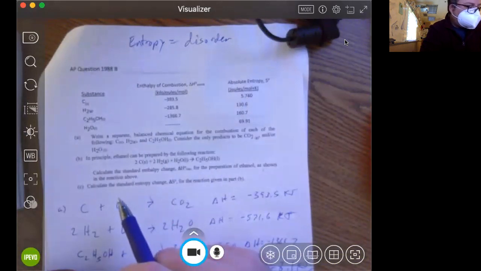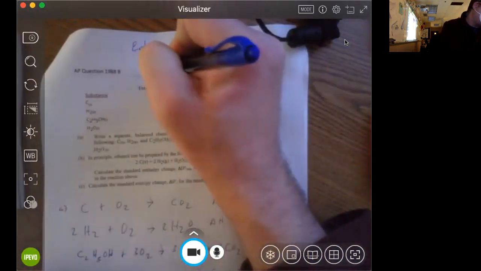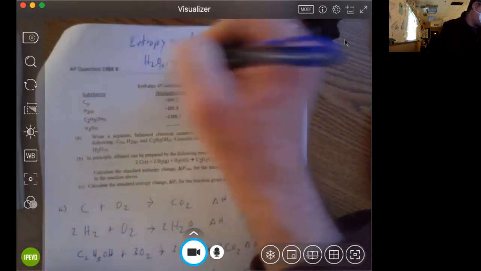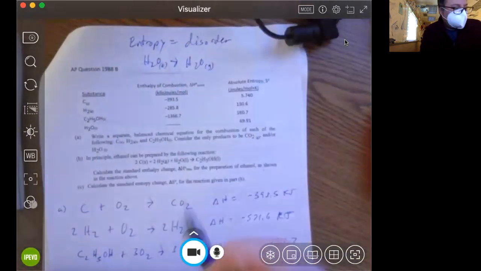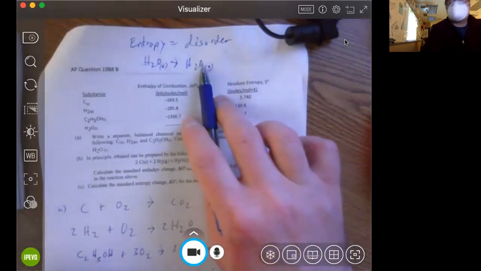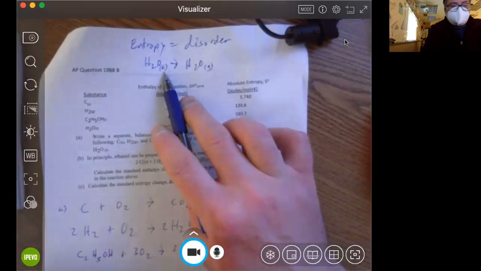If we take a look, if we have liquid H2O that goes to gaseous H2O, this is less ordered. These particles have some interactions through what we've talked about as hydrogen bonding, stuff like that.